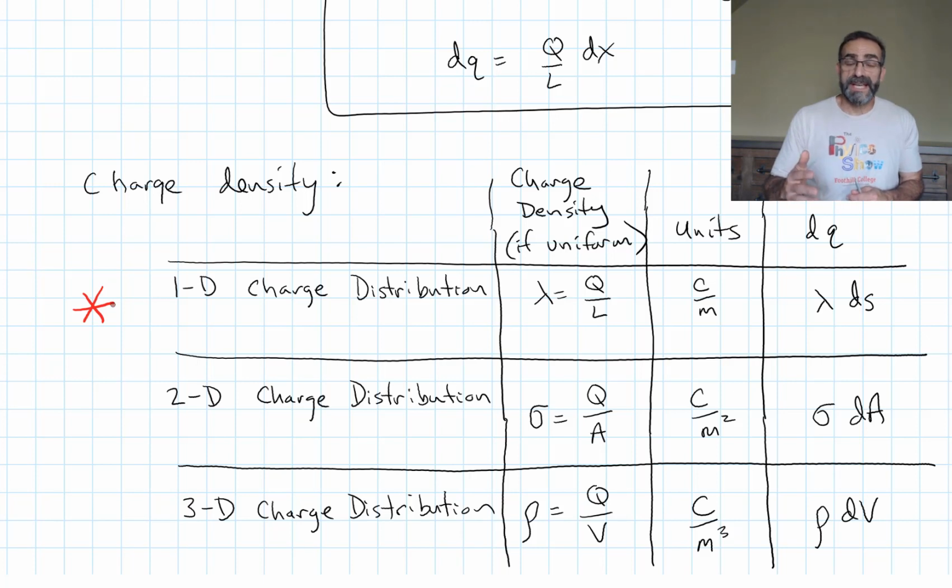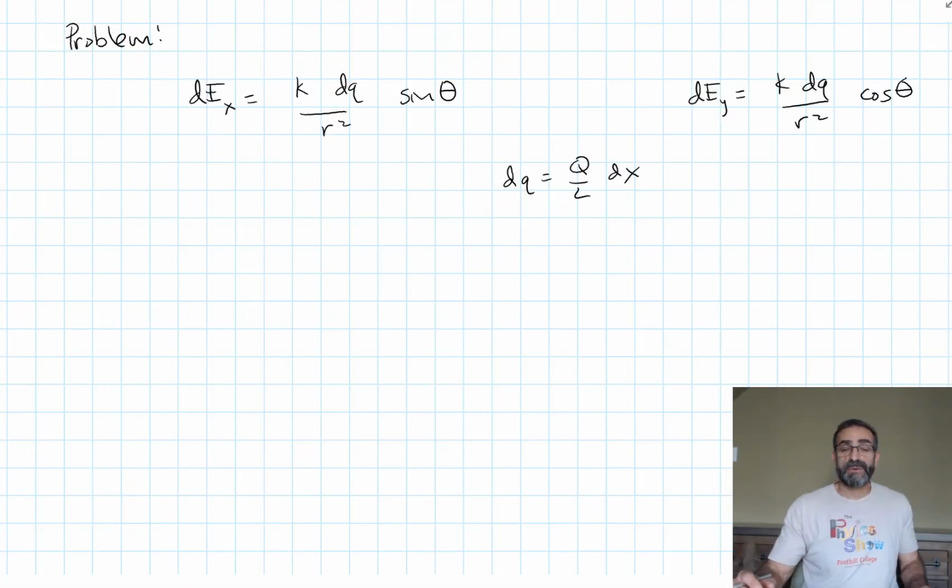We will learn techniques for finding charge distributions over areas and volumes, but that's a different technique. As far as integrating double integrals, triple integrals, we won't do that in this class. Just single integration. And so for this technique, that limits us to one-dimensional charge distributions. And next week, we'll learn a technique for finding electric fields from two-dimensional and three-dimensional charge distributions. That's called Gauss's law.